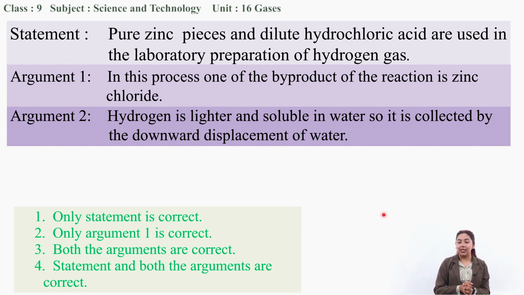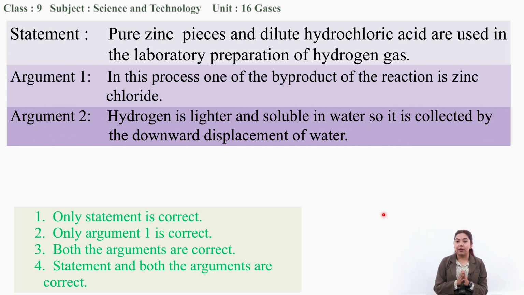Now let us look at the statement. Pure zinc pieces and dilute hydrochloric acid are used in laboratory preparation of hydrogen. Is this true? No, it is not. Why? Because I just told you that impure zinc pieces should be used because that impurity acts as a positive catalyst and speeds up the rate of reaction, and dilute hydrochloric acid is used. So the statement is incorrect because impure zinc pieces and dilute hydrochloric acid are used in the laboratory preparation of hydrogen.